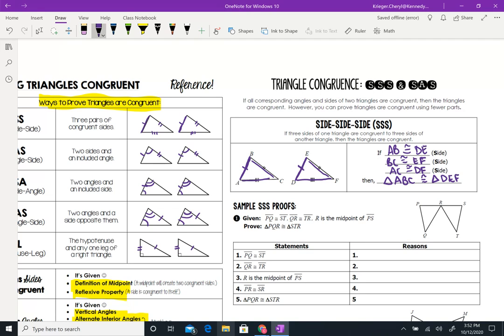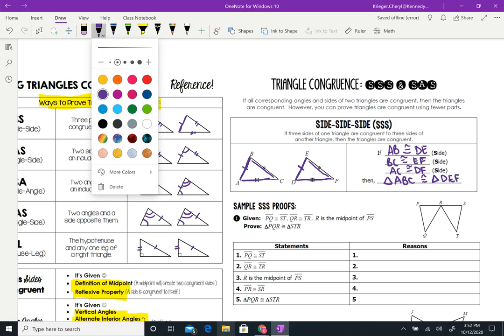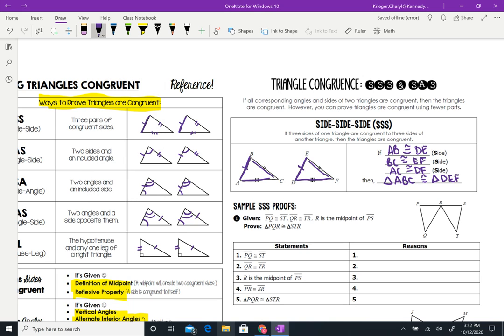Okay, so let's apply that here. I'm going to make this a thinner pencil so that I can write smaller. We have PQ is congruent to ST. Okay, that's given.